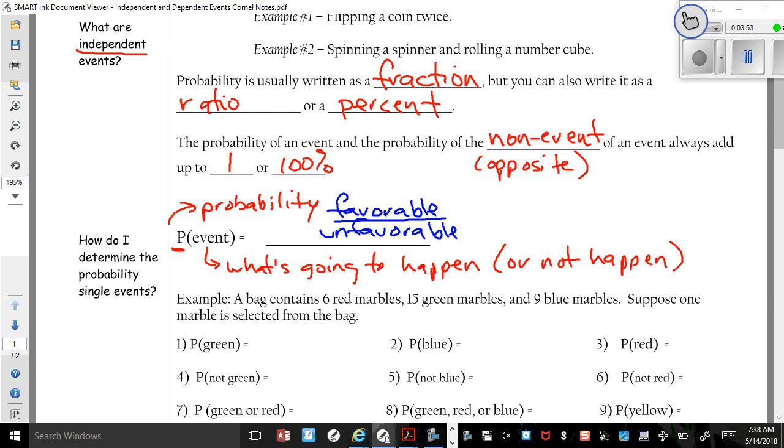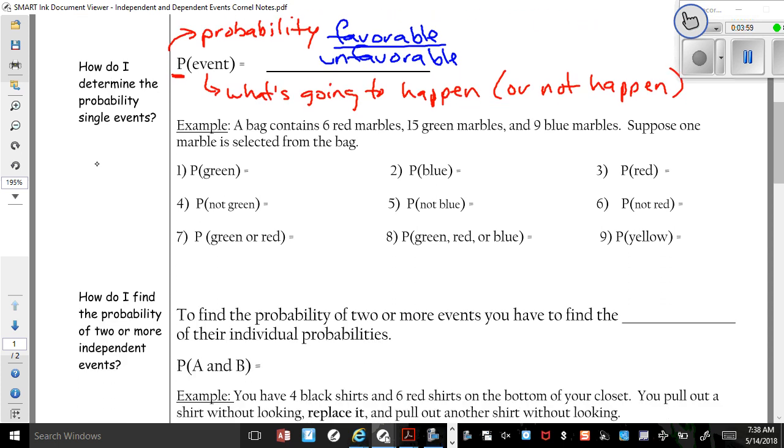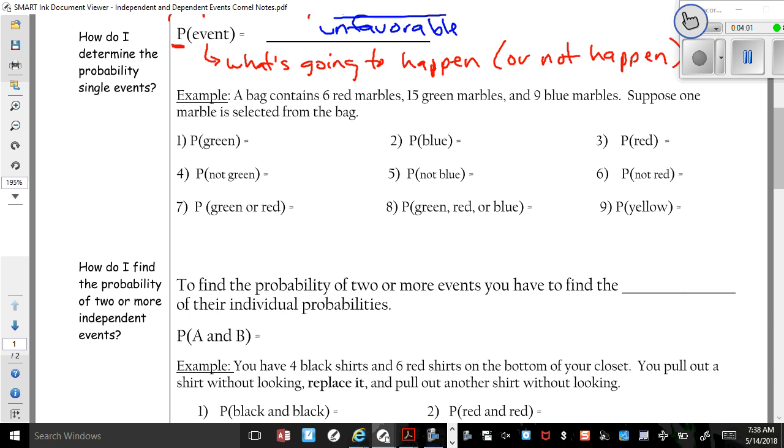All right, so let's go over some examples. Now, where it gets tricky is when we talk about multiple things happening. I don't know if you guys did that last year or not, when you have the probability of 1 or 2 or more things happening. In this particular one, it says a bag contains 6 red, 15 green, and 9 blue.